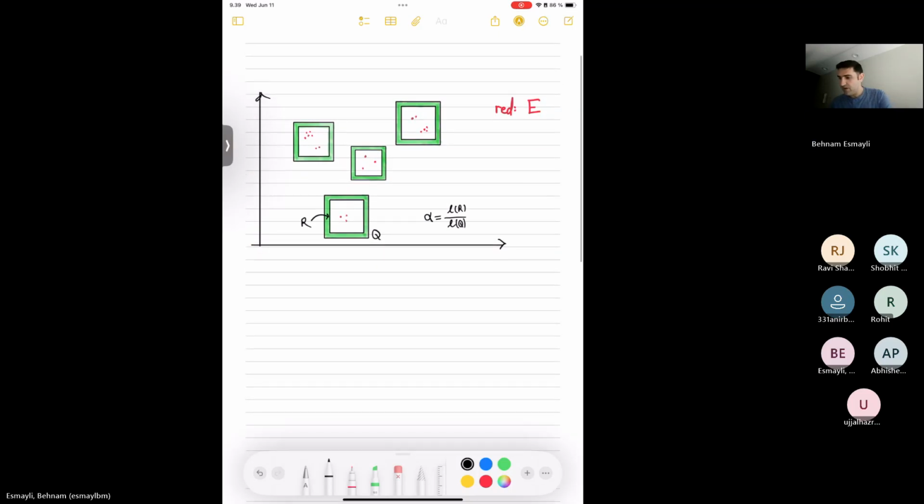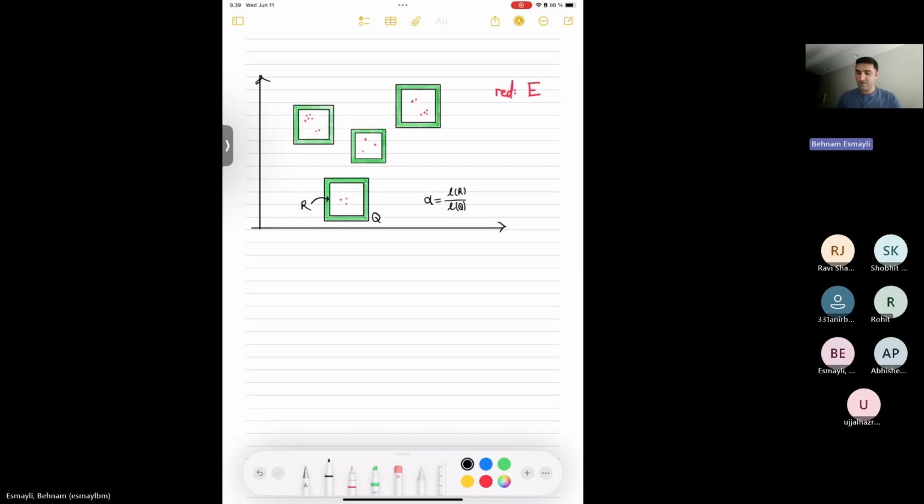And I required the following, that at different stages, so given K, I have a collection of finitely many cubes in Q_K. And the union of their cubes contains E. So the union of all cubes in Q_K covers your set E.